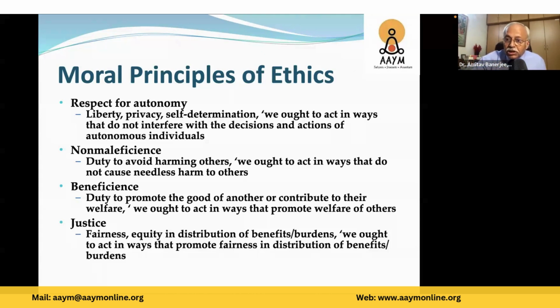And justice, that is equity: all research participants should be treated equally irrespective of their economic status, their class, their religion.